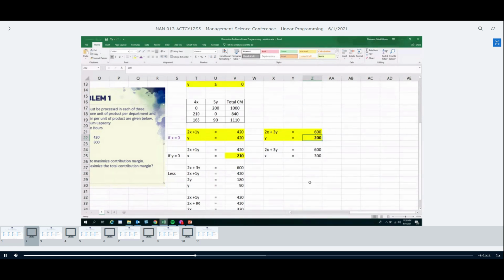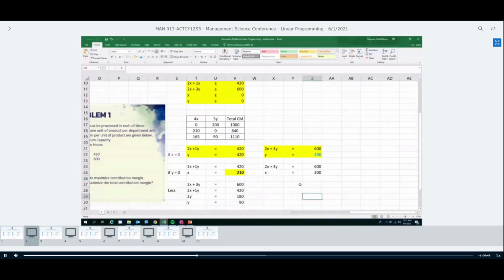So in this case, meron lang tayong dalawang products. So dun tayo sa lower value, which is 200. In any cases where there are 3 or 2 or more products, dun tayo sa lowest value. So in this case, ang gagamitin natin is yung 200.